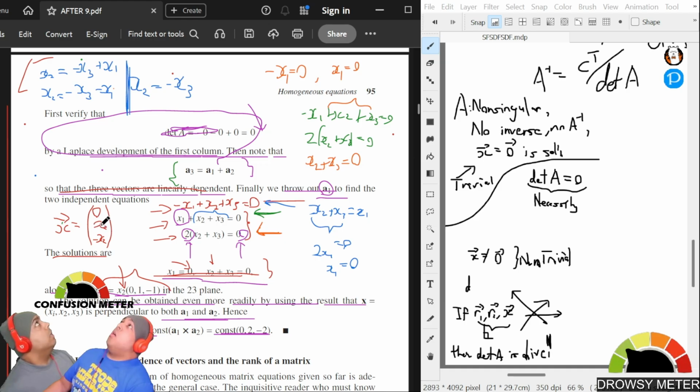Does it make sense if this is ever a vector?